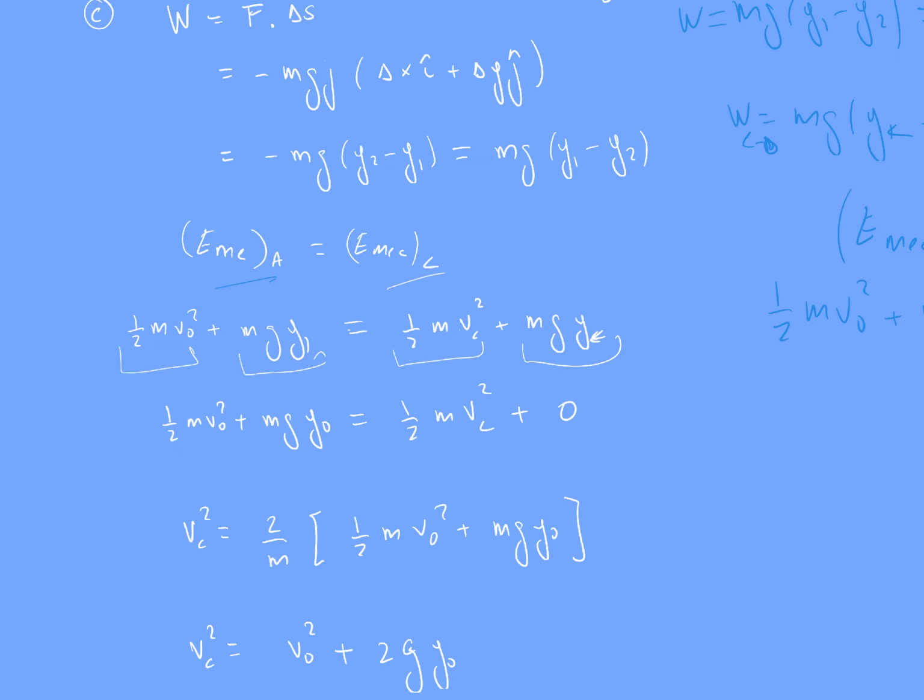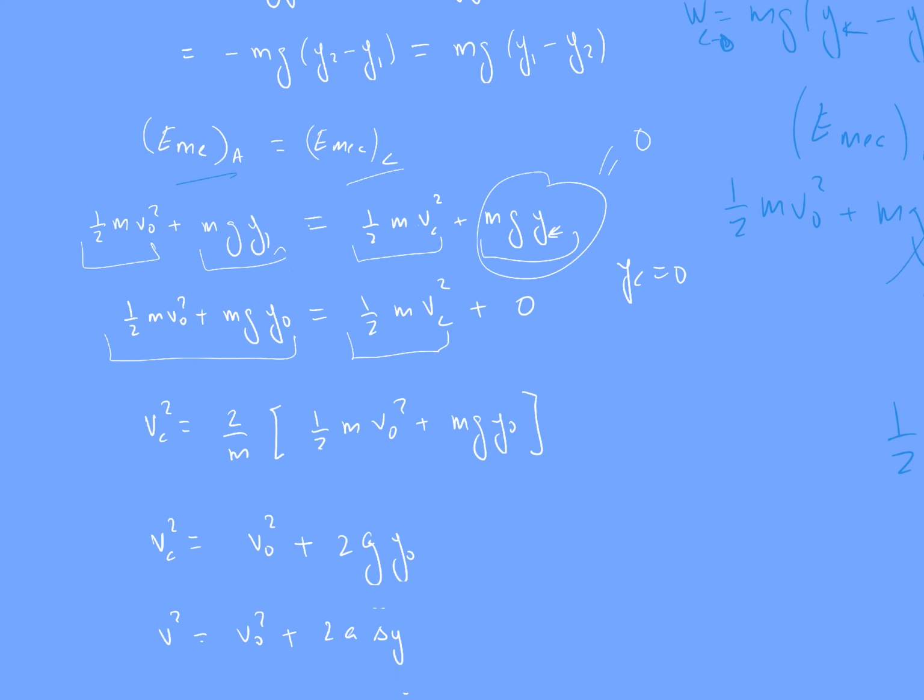What is the amount of potential energy? mg y0, because y0 is the initial, plus 1/2 mvc squared. And what is the potential energy at the point C? The point C is at the floor, so yc is equal to 0. So this is 0. Okay, so I have this equation equal to this equation.